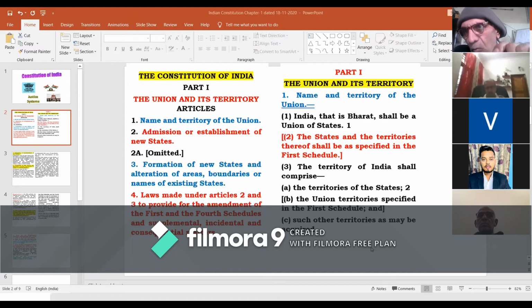Therefore, while India, that is Bharat, will be making laws or enunciating or implementing policies, it is to be as per the values of our ancient wisdom. This specific expression has very wide implications.